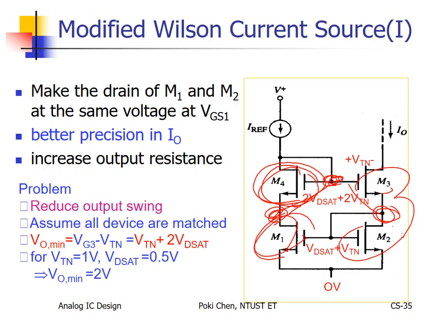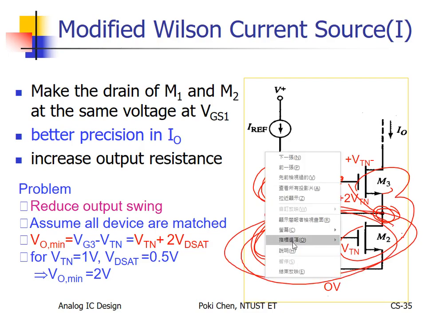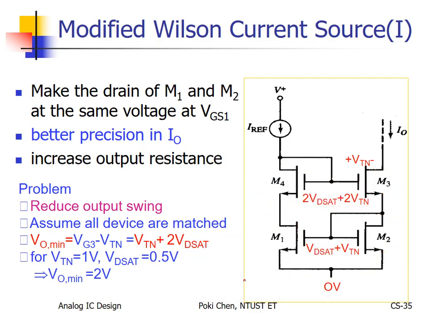Again, who controls the current? Those two. To be a very good analog IC designer, you need to know exactly who is important, who is not. I'm talking about which devices are critical, which are not.